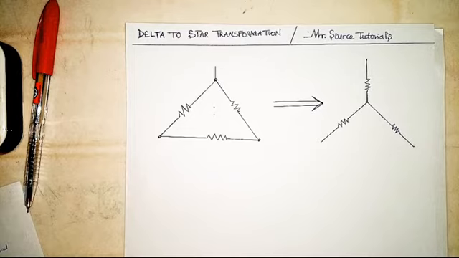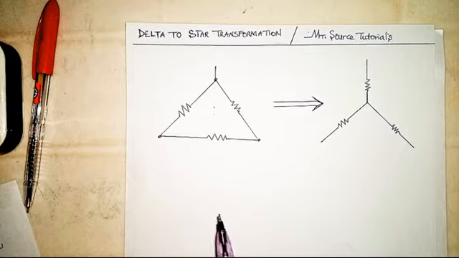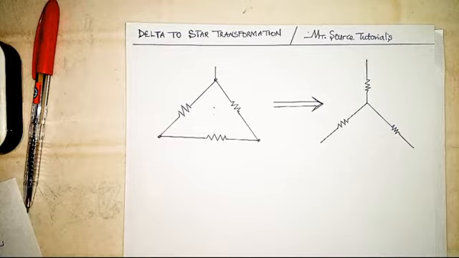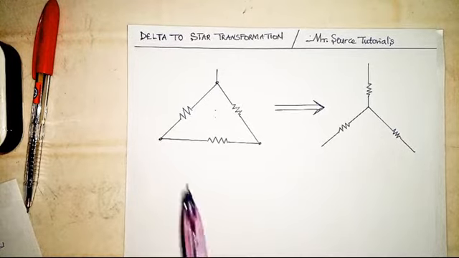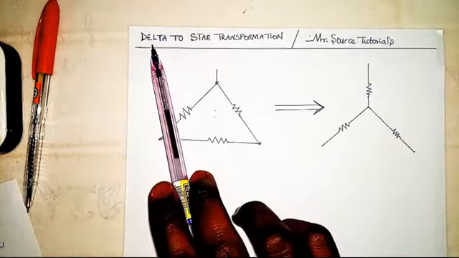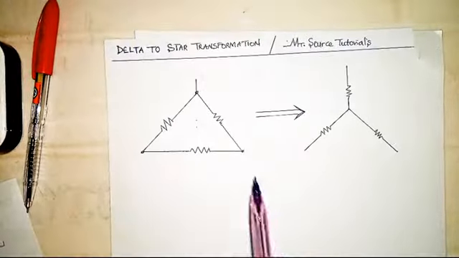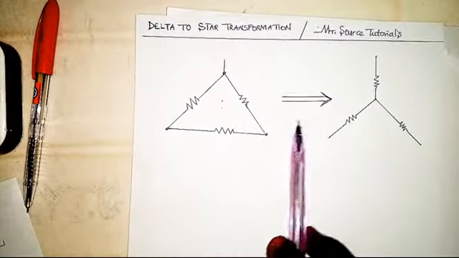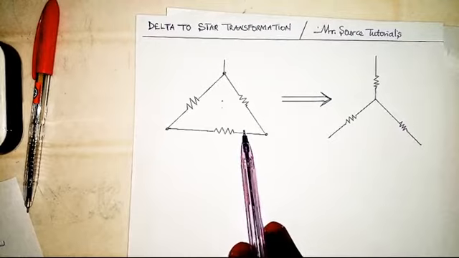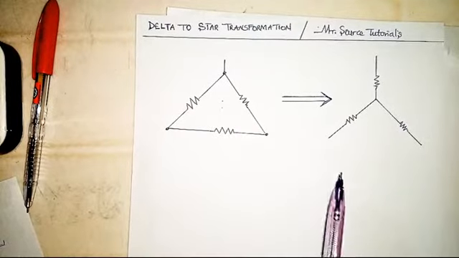It is of importance for us to know how to convert from one system to the other. But in this video, we are going to be seeing how to convert from delta to star, which is also known as a delta star transformation.